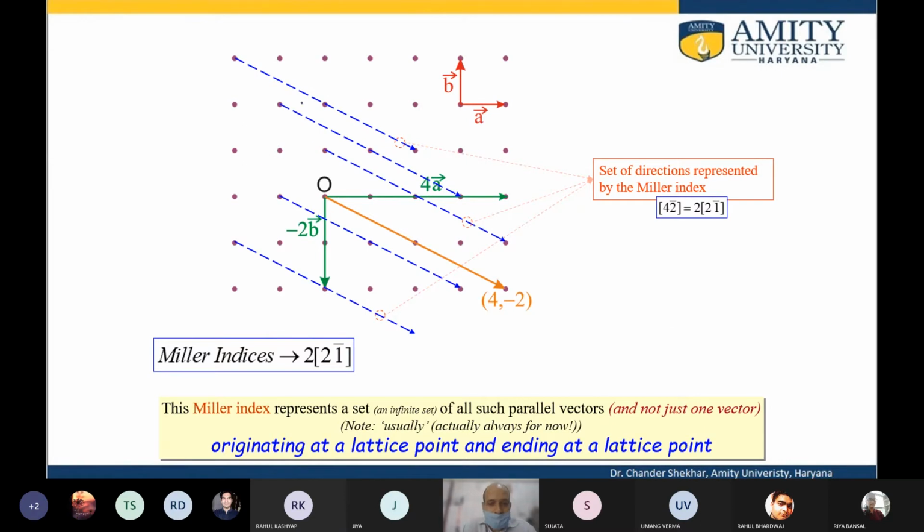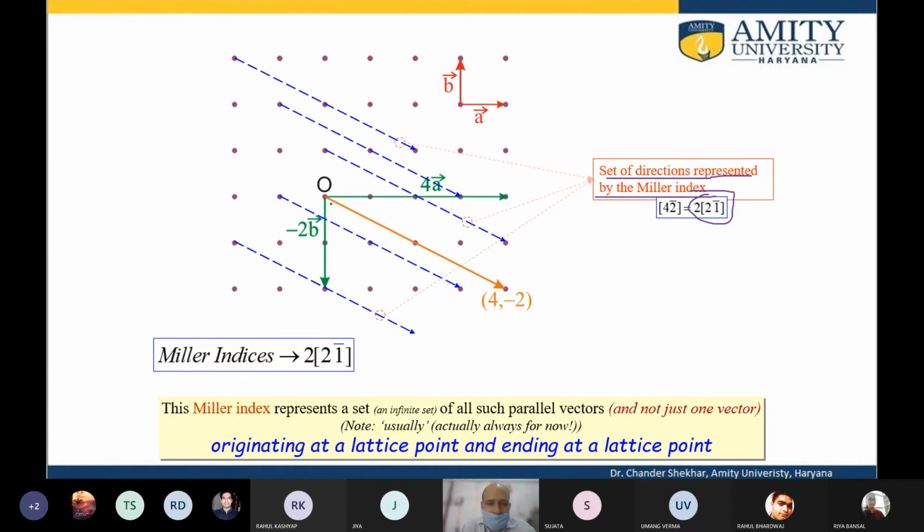Suppose now these points represent a 2-dimensional lattice. So there can be multiple planes that are equivalent. All these planes represented by the dashed blue lines are the same planes, a set of directions represented by the Miller indices, this 2, 1 bar.